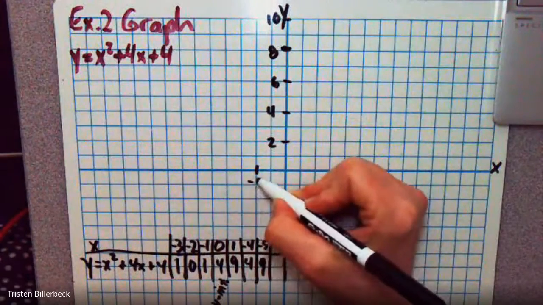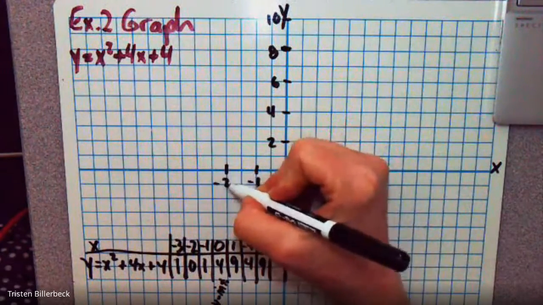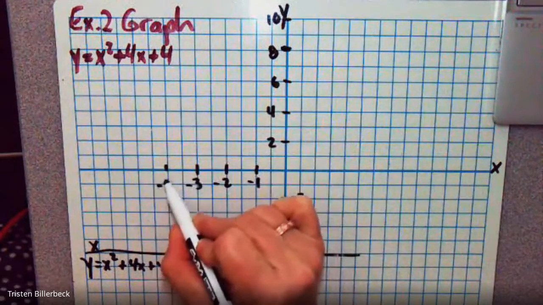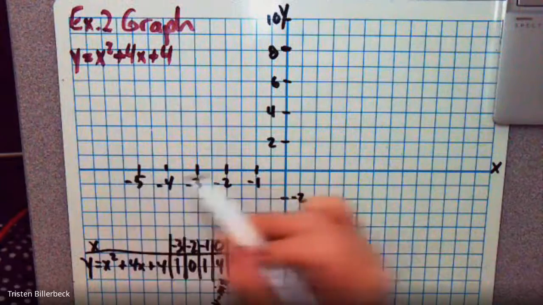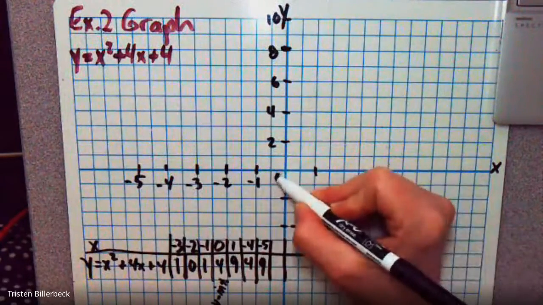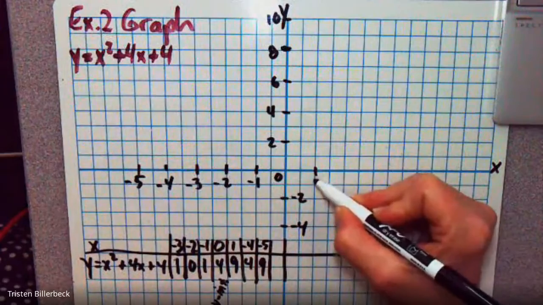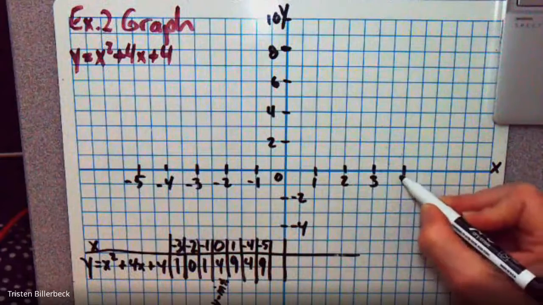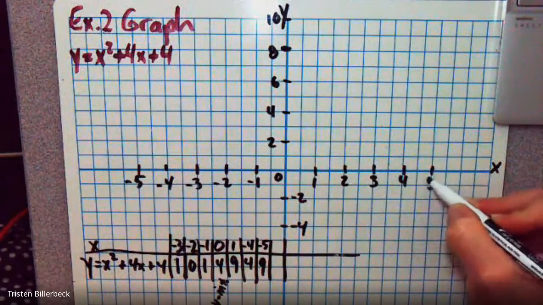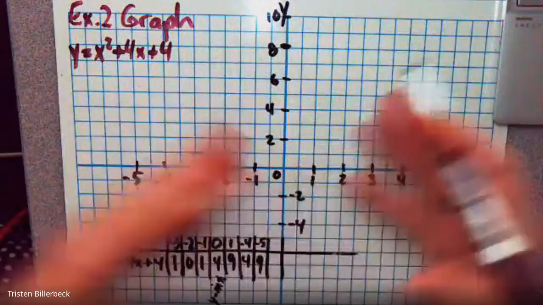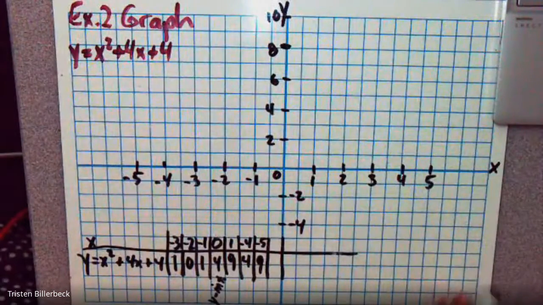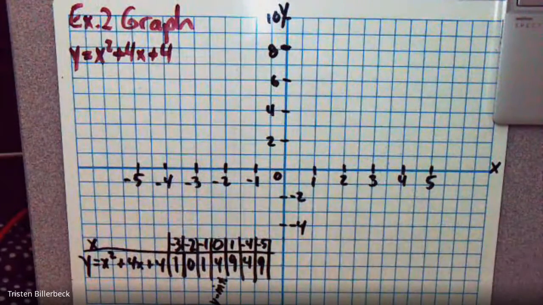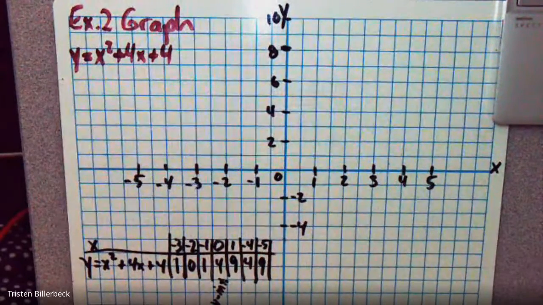So we have -1, -2, -3, -4, and -5. So sizing your graph is an important technique when we're graphing: how do you make the graph so it spreads your data out to the best size. So that takes a little practice.